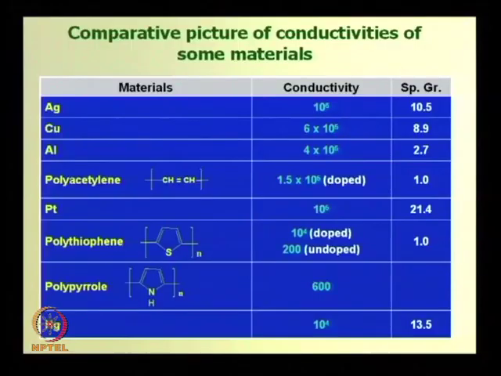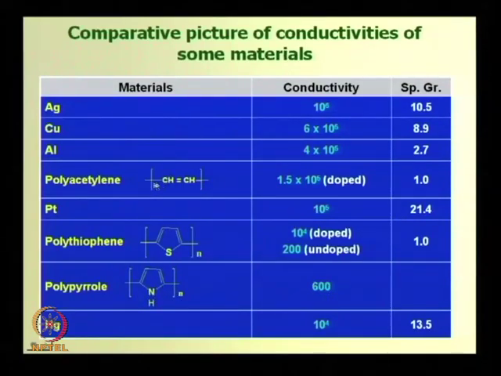That means there are various variables: stability, molecular weight, molecular alignment, crystallinity, the oxidation state of the polymer, carrier concentration, their mobility characteristics, all those semiconductor properties you have to keep in mind. Then polypyrrole, you see 600.